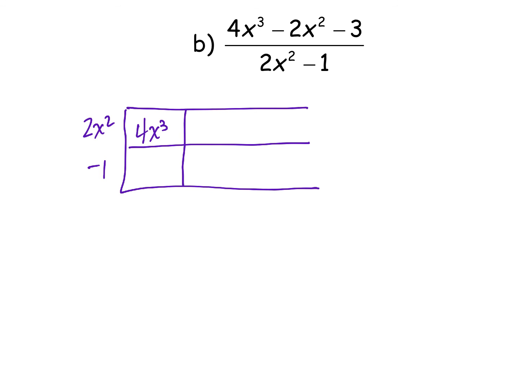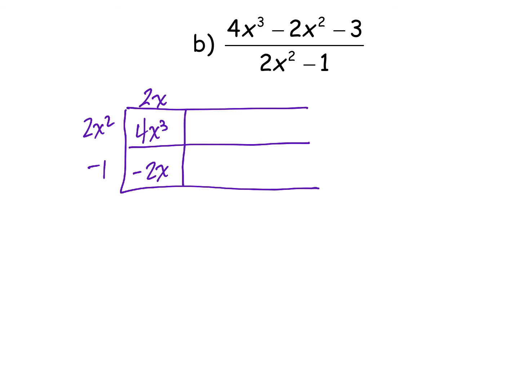So what do I multiply 2x squared by to get 4x cubed? 2x, beautiful. And then 2x times negative 1 is negative 2x.